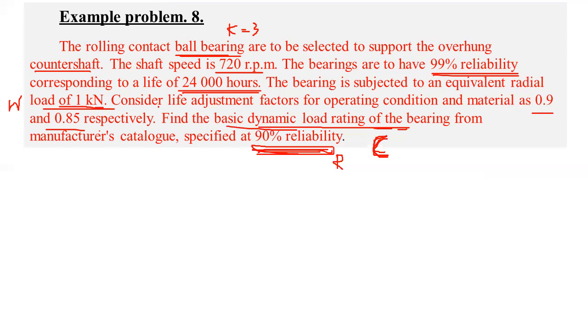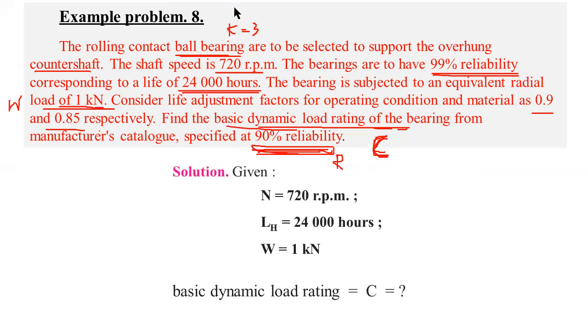Now the given values are: speed n equal to 720 rpm, and the life of bearing in hours, L_H, equal to 24,000 hours.